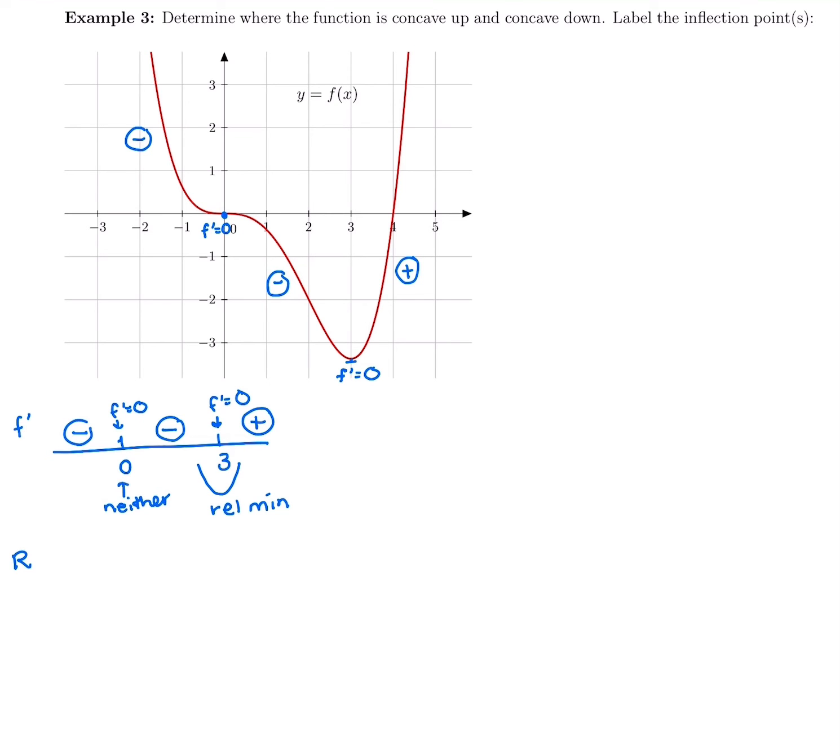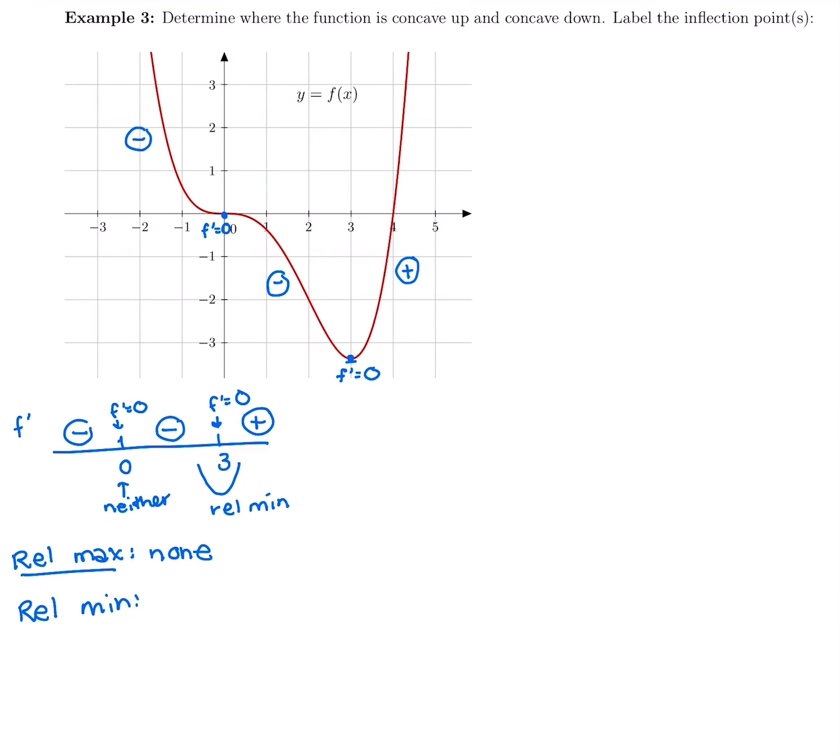So as far as relative extrema go, for relative max, we have none. Relative extrema are just sign change at a critical number. We don't have one that goes increasing to decreasing, like what we would need for relative max. For relative min, I would say this point here, where we have decreasing to increasing, is the relative min.